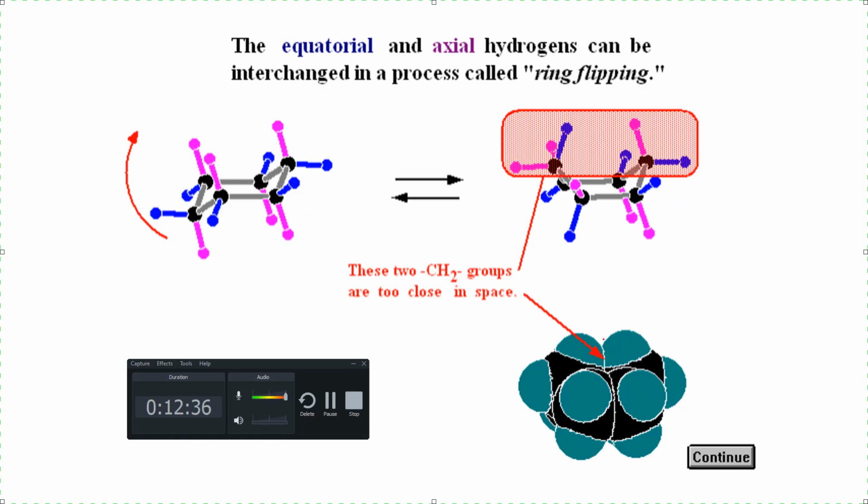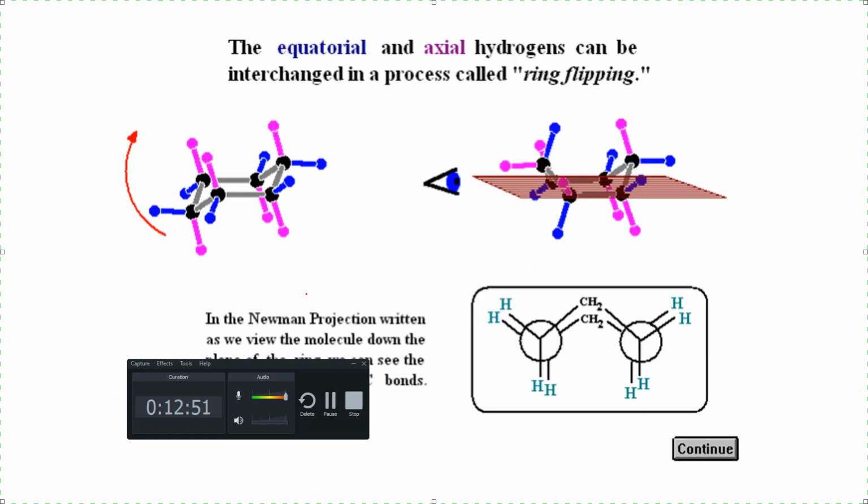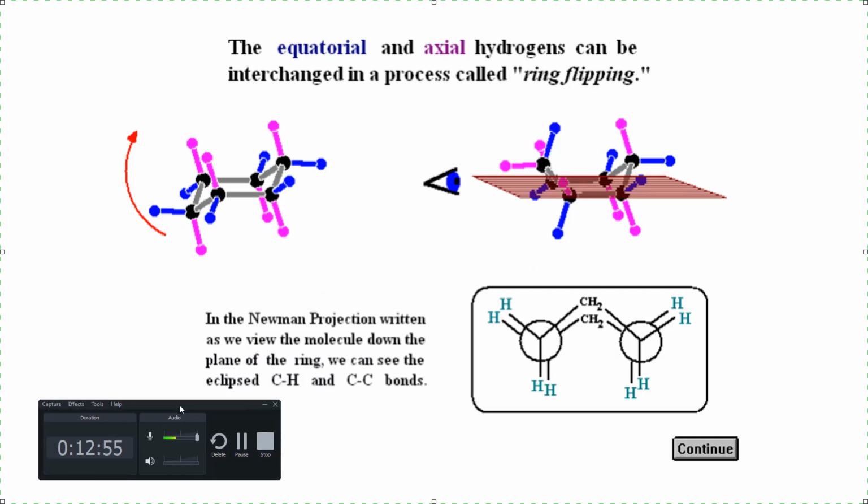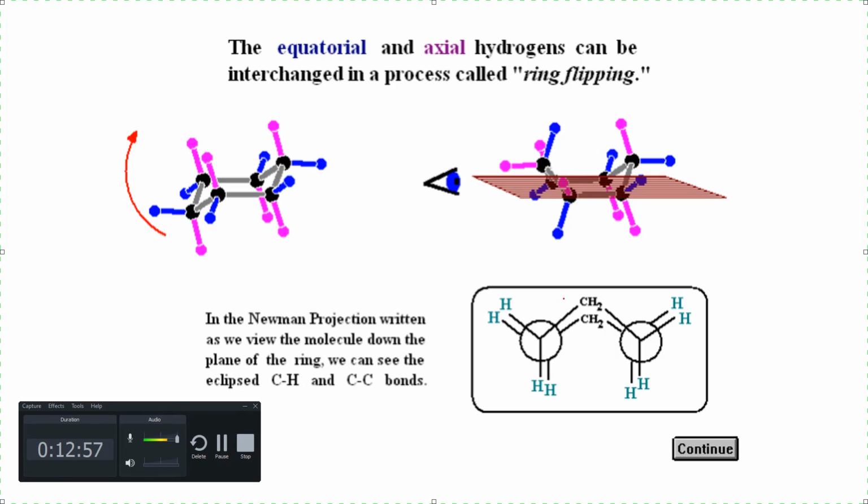Here's a space-filling model showing you the flagpole positions. So this is just step 1 in the ring flip, to move this carbon up into this position. Then, in order to complete the ring flip, we would move the back carbon. This is just one more view right here.